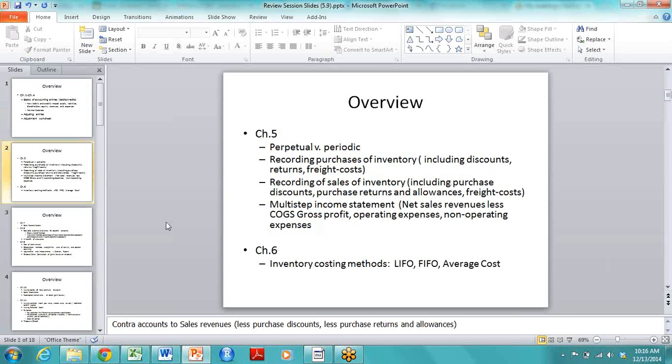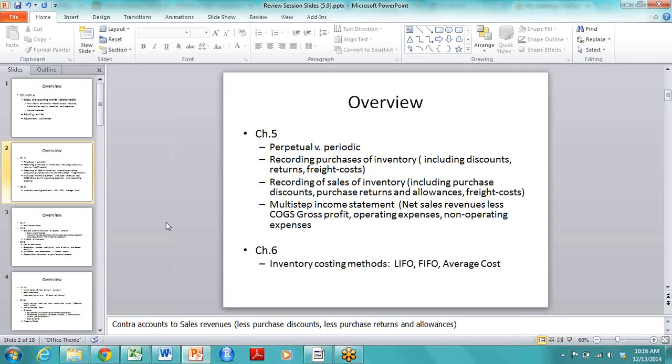Then chapter 5 is where things start to get a little bit more complicated and detailed. And for some people, chapters 5 to 13 actually get easier when they go through the specific concepts. Chapter 5 deals with perpetual inventory versus periodic, and how we record the journal entries related to each, because the journal entries are different when we talk about perpetual and when we talk about periodic.